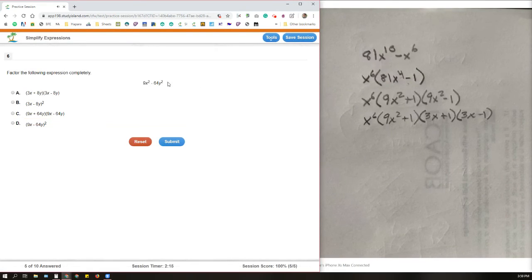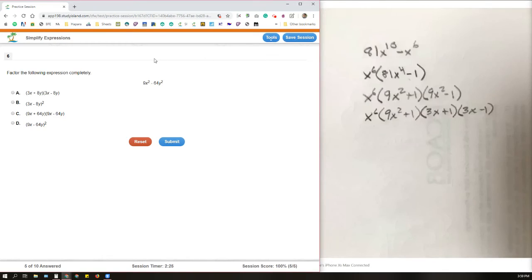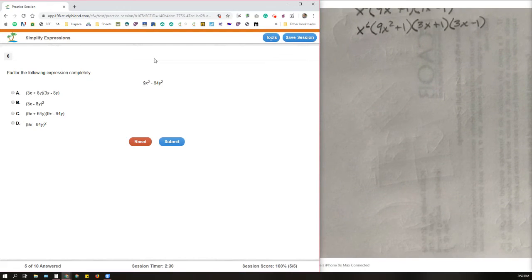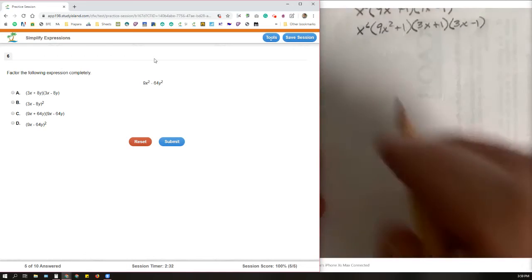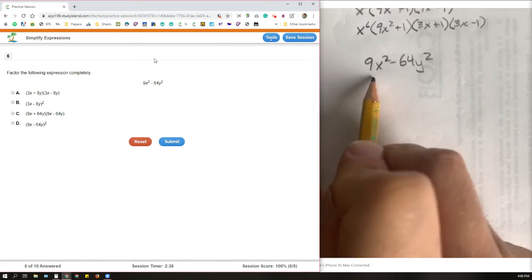Next one, we again have the difference of two squares. They are just drilling this right now with simplify expressions as if it's the only thing that you'd ever have to do. That means it's important, so please know how to do this. Let's do another one. Let's keep practicing. 9x squared minus 64y squared. What is the square root of 9x squared?